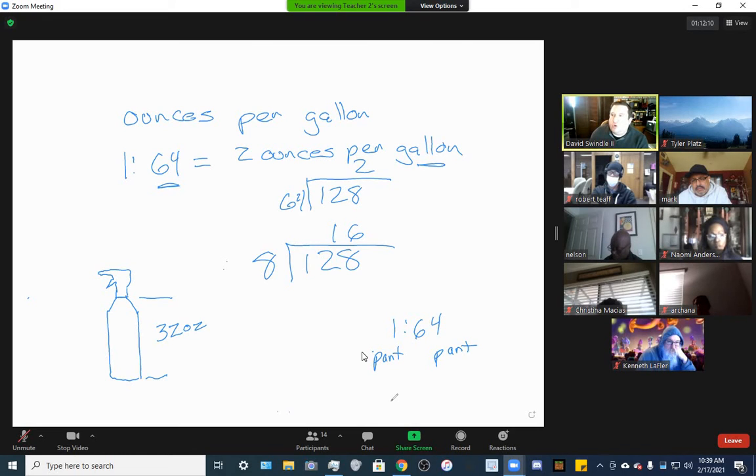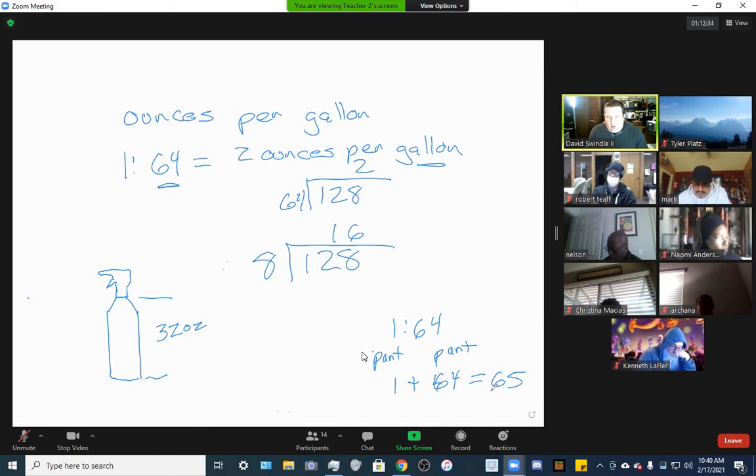So how many total parts do I have? You got 65? 65 parts, right? 1 to 64, I'm going to have a total of 65 parts. So now the fun comes in. And guys, this is where you use your calculator.